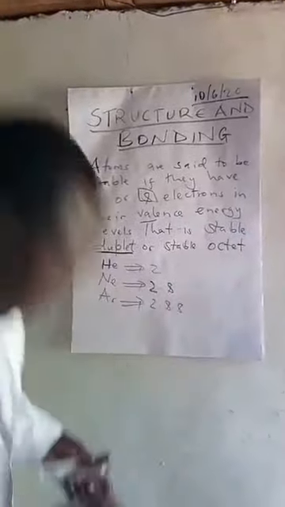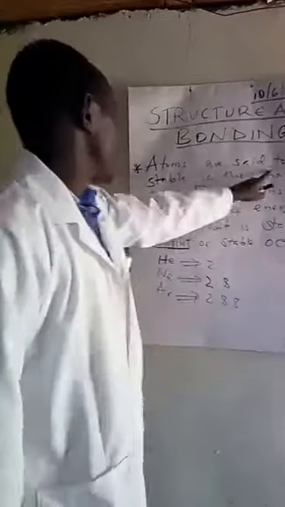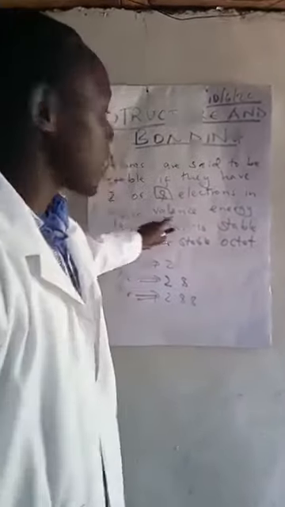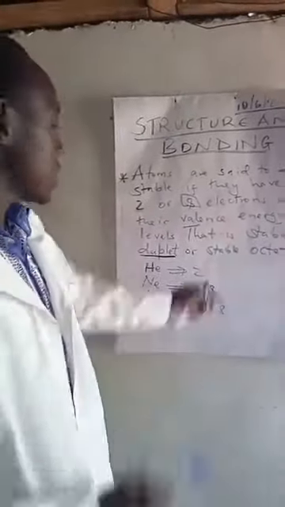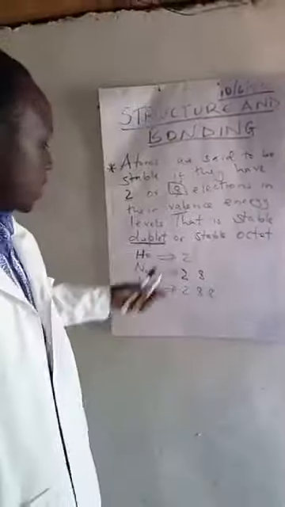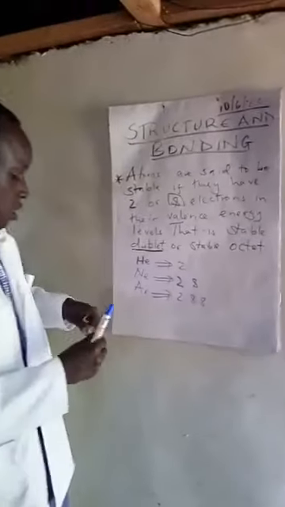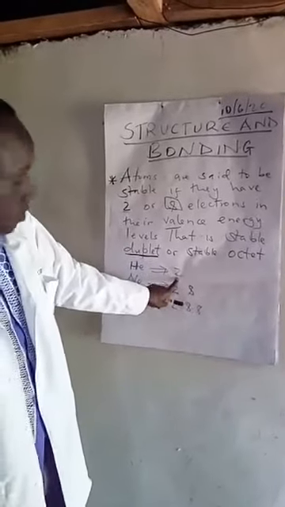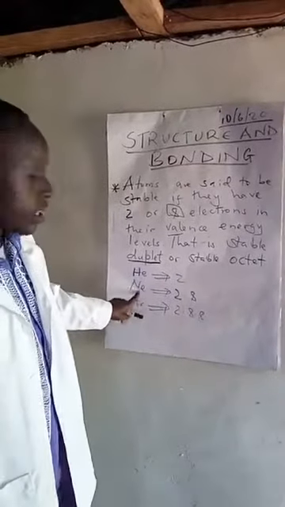So atoms are said to be stable if they have 2 or 8 electrons in their valence energy levels. Valence energy level, in other words, is the outermost energy level. The outermost energy level for helium has 2 electrons. The outermost energy level for neon has 8 electrons.